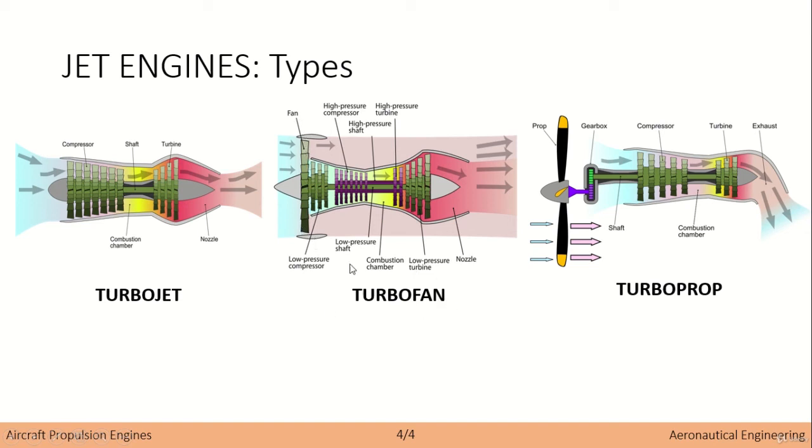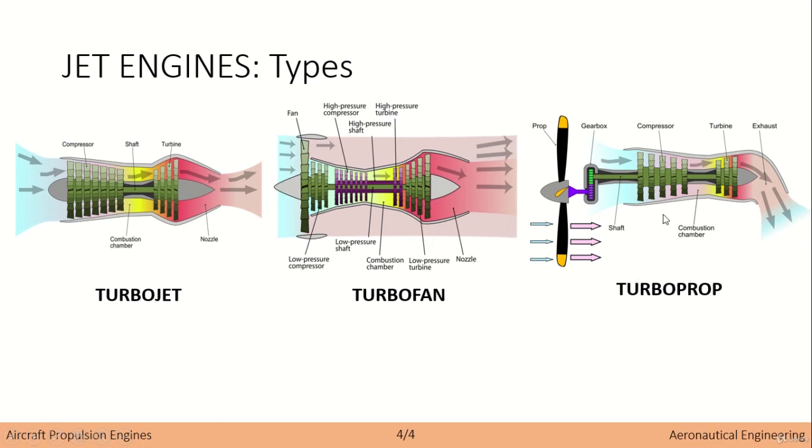Almost all commercial aircraft use turbofans because they are more efficient. As you can see there's a fan, which acts also as a kind of compressor, and there's air which goes on the outside and air which goes on the inside, so we will distinguish between cold air and hot air. This is more complex machinery, as you can imagine, compared to the turbojet.